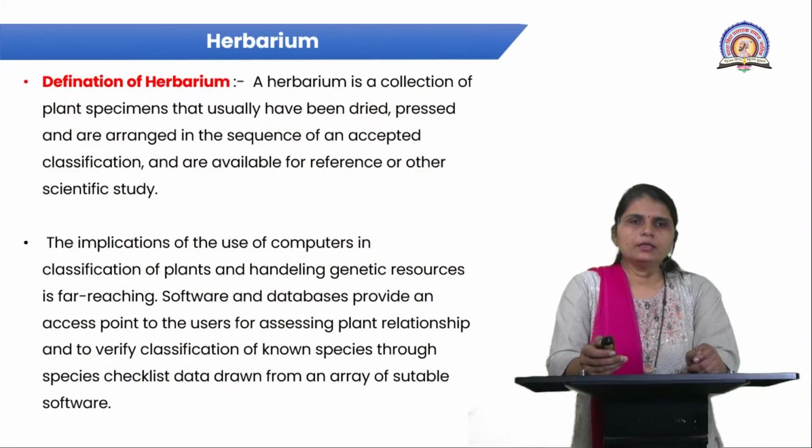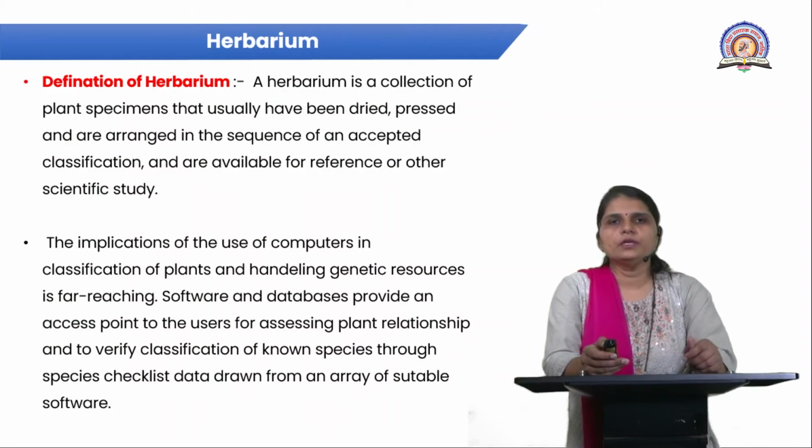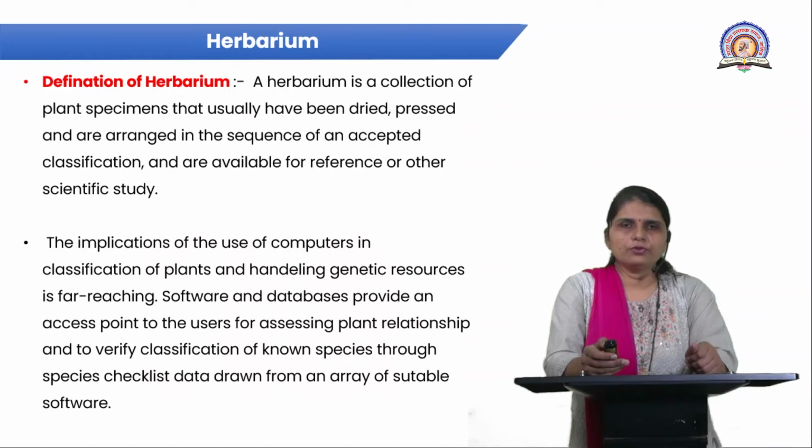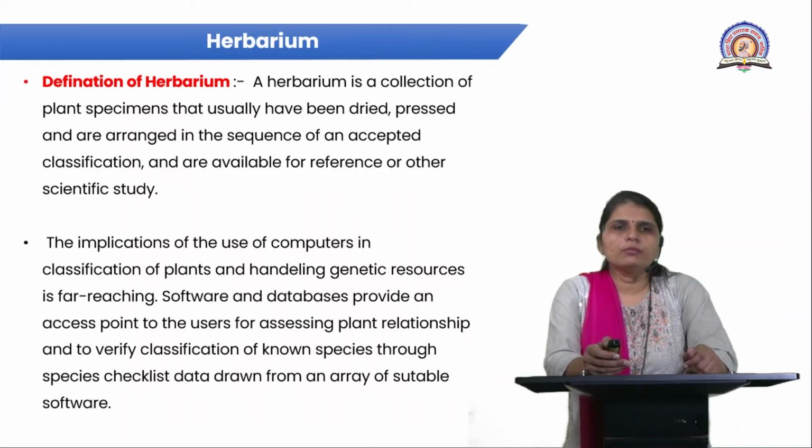Okay. Then next one is the herbarium. Herbarium is used for your research, to help decide which plant you choose for your research. Plant information is gained by this herbarium or herbarium sheets. What is the definition of herbarium?